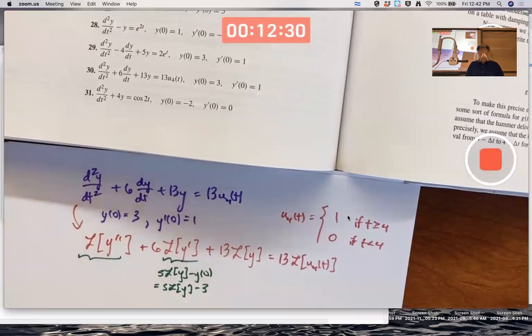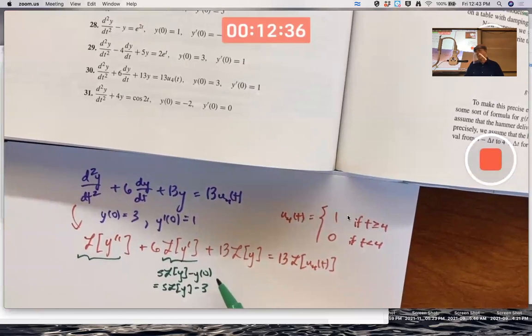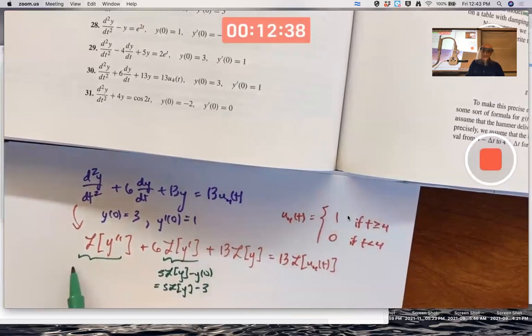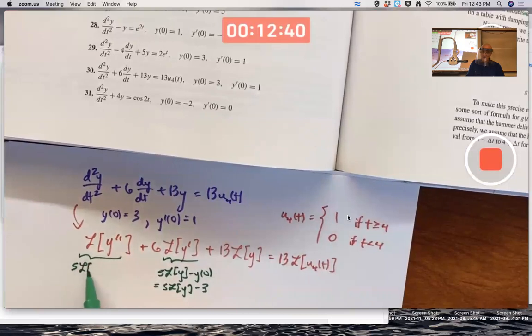This thing is related in a very similar way to y prime, because y double prime is the derivative of y prime. You could write this as S L of y prime minus y prime of 0. Y prime is playing the role of y. And then you can use the same property again on this part.